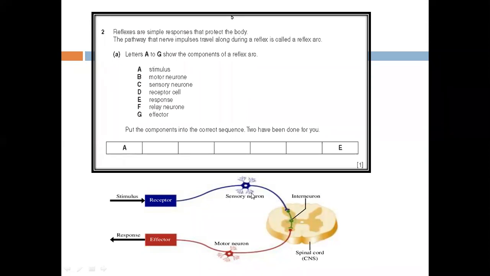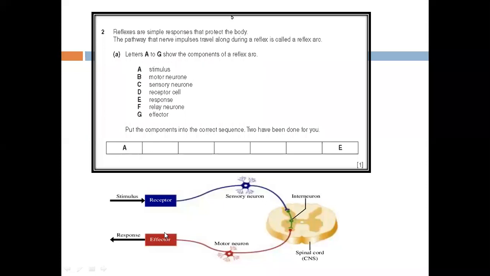Through the relay neuron, the message will go from the sensory neuron to the motor neuron. Now, the motor neuron is carrying that electrochemical signal to the effector, right? The effector may be a muscle or it may be a gland. It depends on the situation.